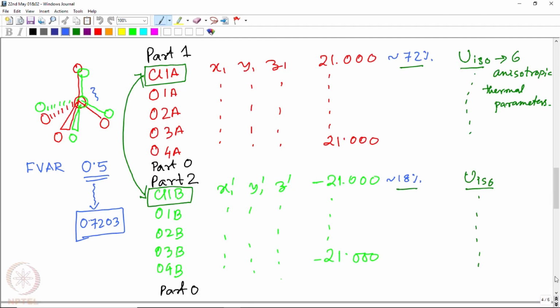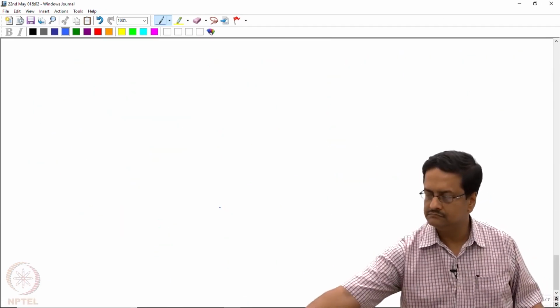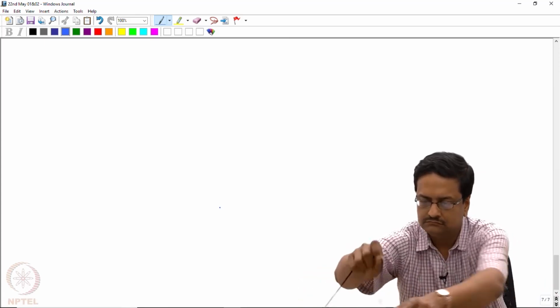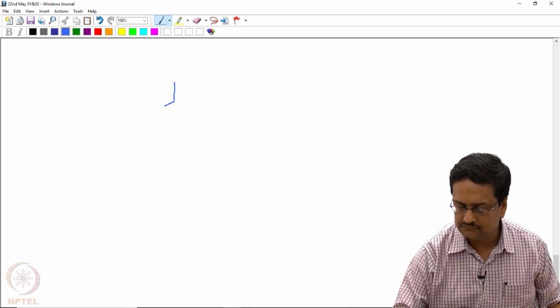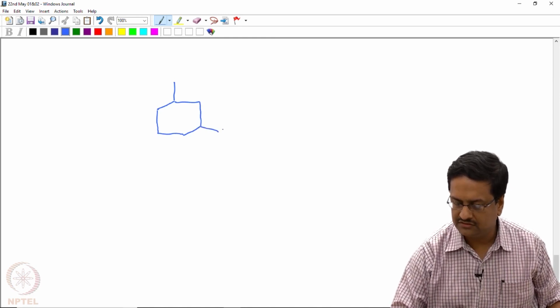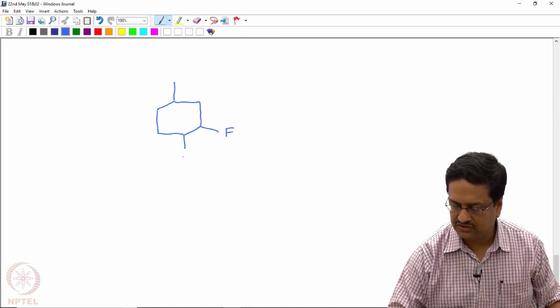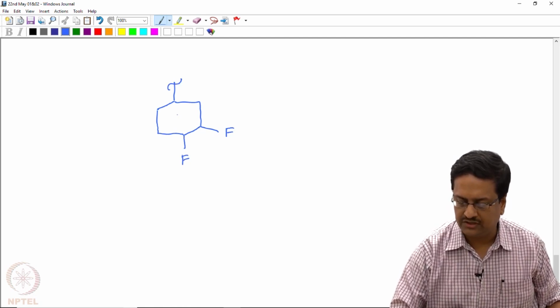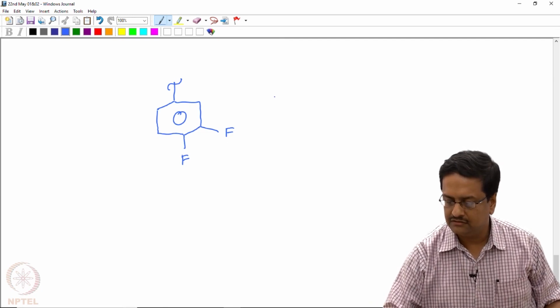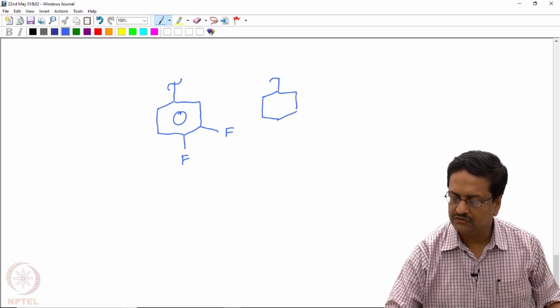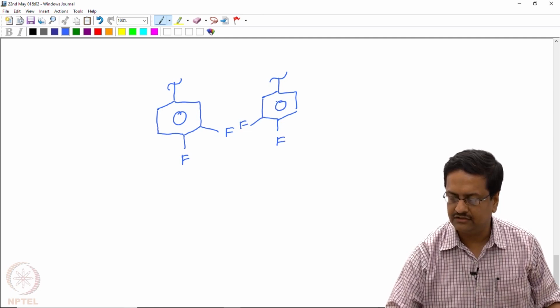in this particular case, we have a phenyl ring with two fluorines at these two positions with respect to the attachment, that is position 3 and 4, and this ring being rotated by 180 degrees in two different locations, the fluorines are appearing on either side.